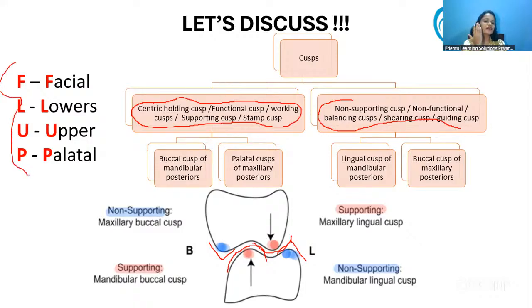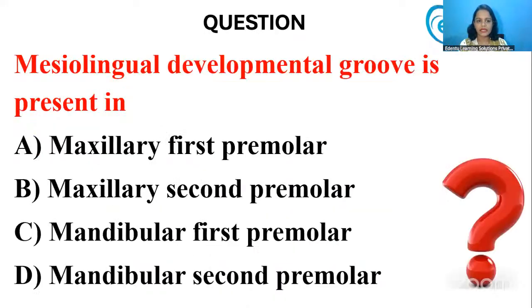FLUP means the facial lowers, that is, the buccal cusp of mandibular teeth and the palatal cusp of the upper teeth. Facial cusp of the lowers and palatal cusp of the uppers are the supporting cusps. The other ones will be non-supporting cusps. Try to remember like this.